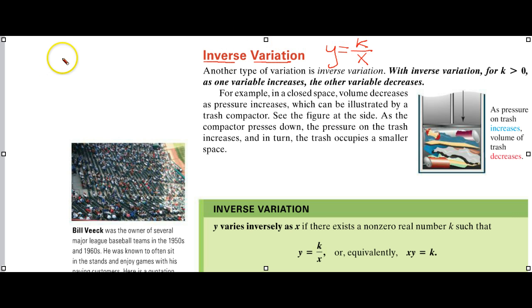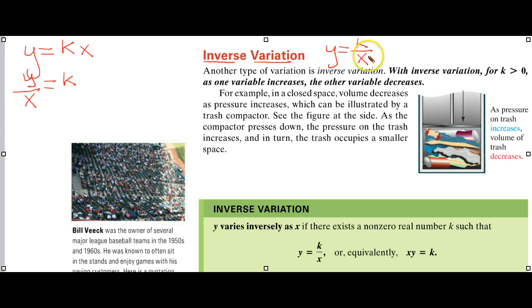Now, just a quick review, before we had y equals kx, and when we solved for k here, we got k equals y over x.